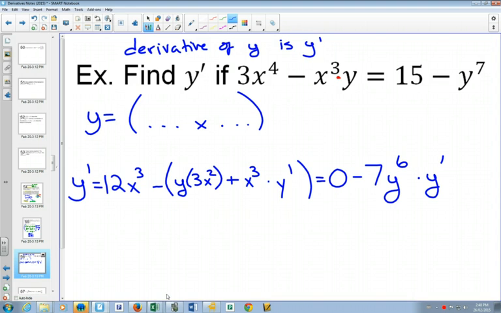Now we wanted to find out what y prime is equal to. So we need to do algebra to get that by itself. Can you see right now that we have y prime here and here?